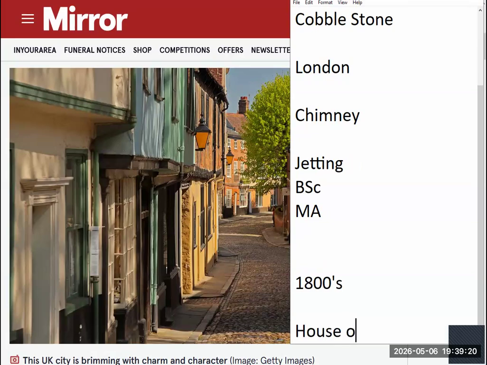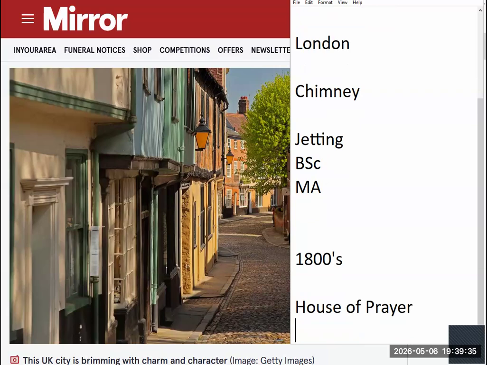Is there a place called the House of Prayer? And it's a round building. Actually, we call it 天坛. If you translate it directly, it means heaven. Oh yes, that rings a bell.